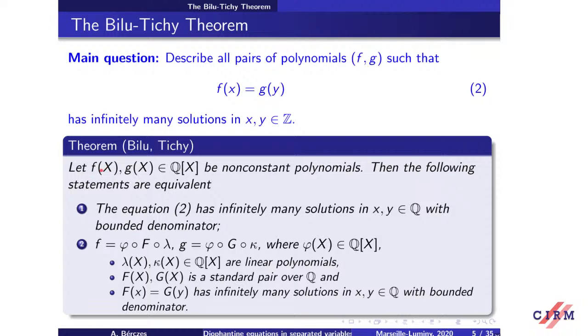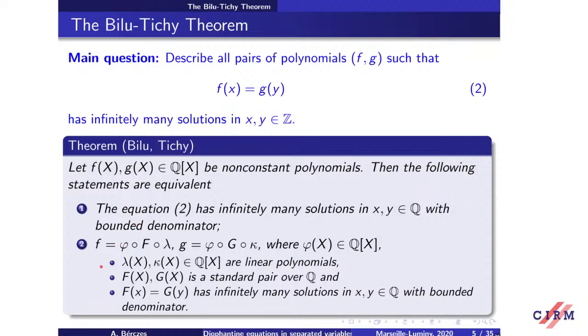They proved that if f and g are non-constant polynomials with rational coefficients, then the following two statements are equivalent. Equation 2 has infinitely many solutions in rational numbers with bounded denominator. In principle, it's a kind of generalization of searching for integer solutions.